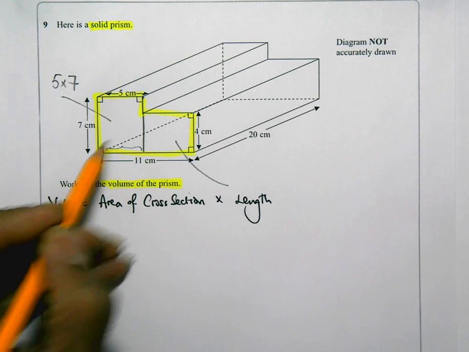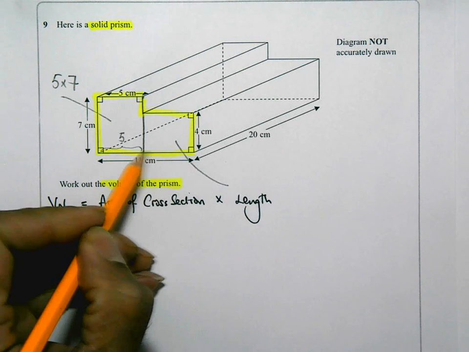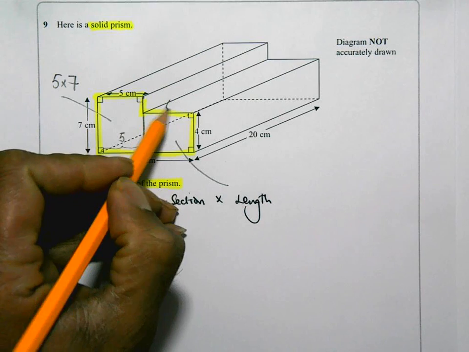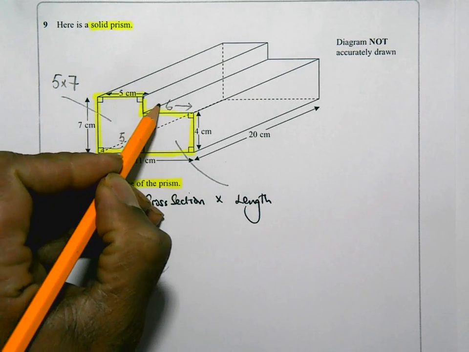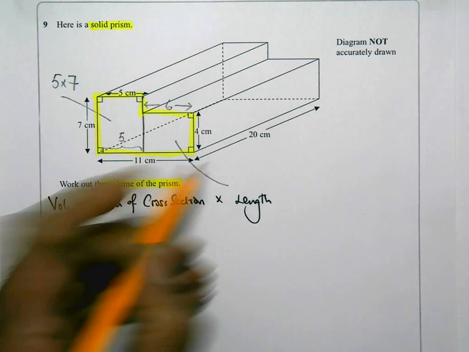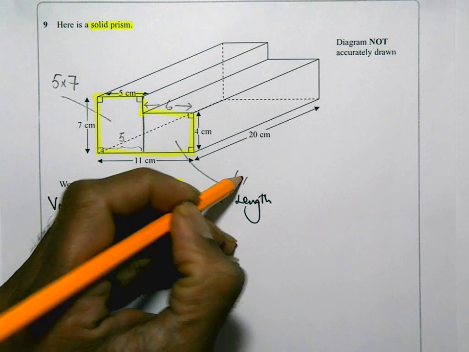This bit here is 5 centimeters. So that means the bit left over is going to be 11 take away 5, which is 6 centimeters. So this bit here, the length is 6 centimeters. So to work out the area of this rectangle on this side, it's going to be 6 times 4.